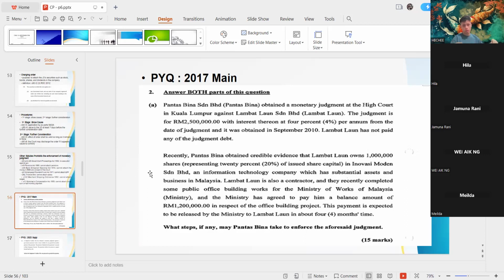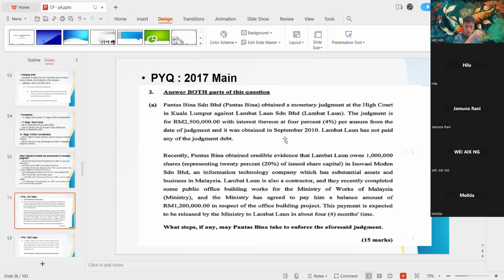Okay, first thing is you're looking at the first paragraph. Your first paragraph already tells you he has the 4% interest in the judgment sum, and then the timeline there. So the first part is whether he is allowed to enforce the judgment. So under section 6 sub 3, you have the limitation of 12 years to enforce the judgment.